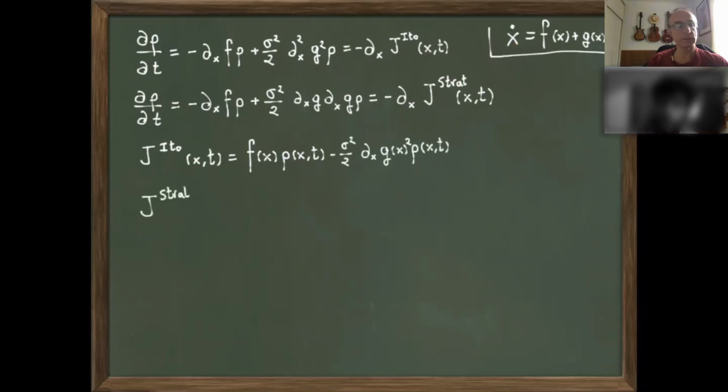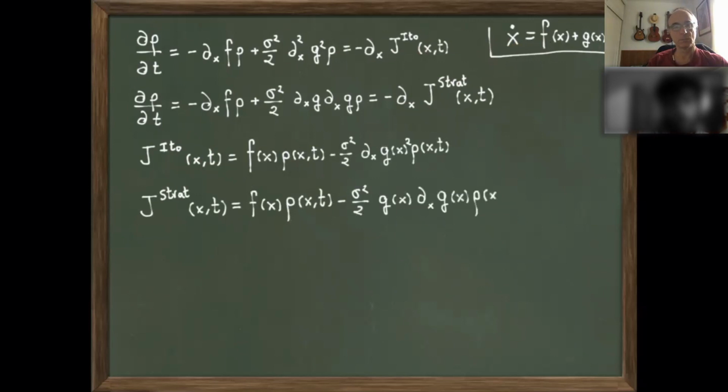And the Stratonovich is very similar, but the g is out of the derivative. And these two terms are called diffusion terms, because the current, well, this is easy to see if g is constant. If g is constant, the current is proportional to minus the derivative.